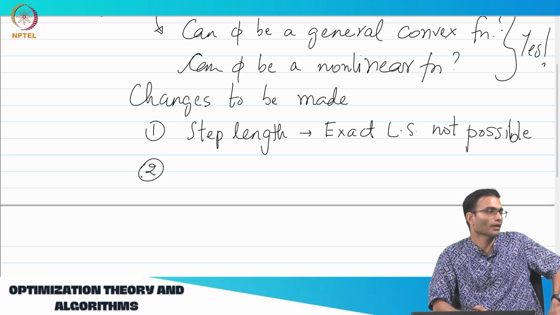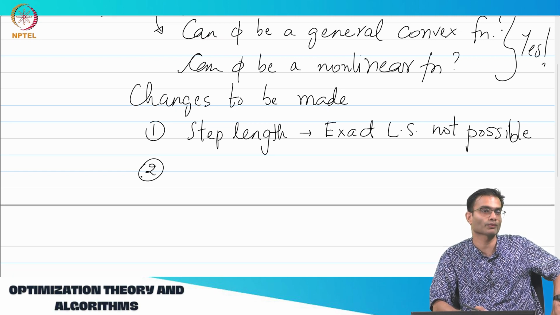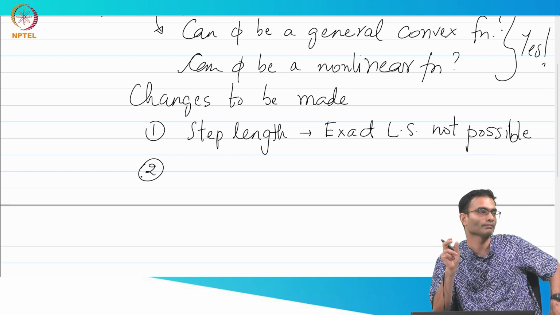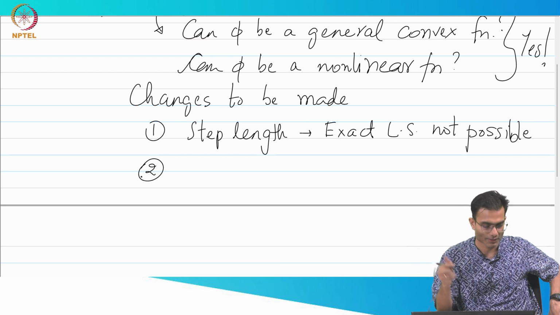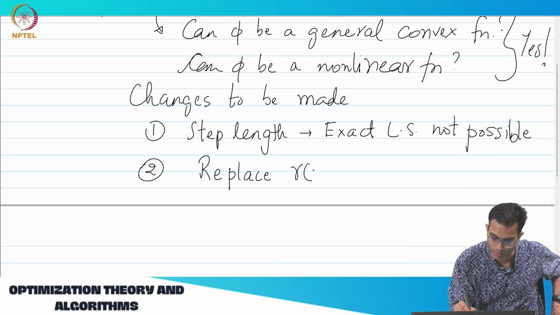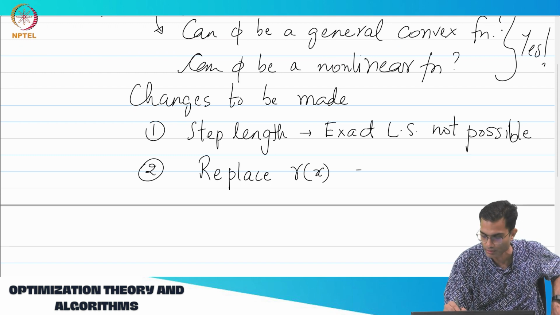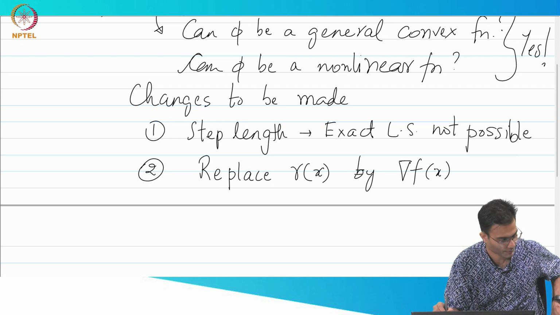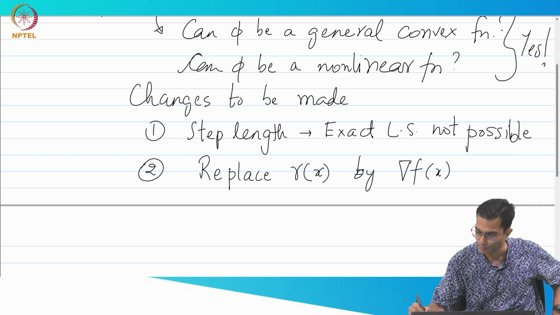Now there is no A and b, right? So if you were in charge of affairs, what would you replace the residual expression by? Grad f(x), right? So that's the second change that you need to do. Replace r(x) by grad f of x.